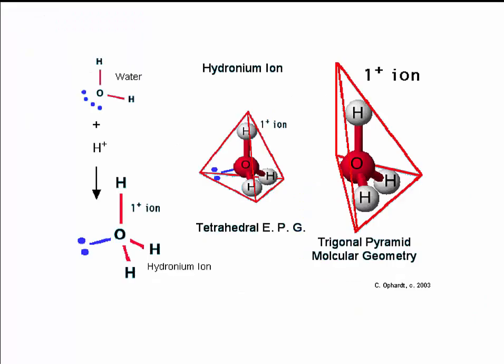If we go over to the VSEPR structure, right, we had water, which was a bent molecule with a tetrahedral electron domain geometry. We pick up that proton. Now, instead of being bent, it's going to be a trigonal pyramidal structure for its molecular geometry, and it's still going to be a tetrahedral electron domain geometry.